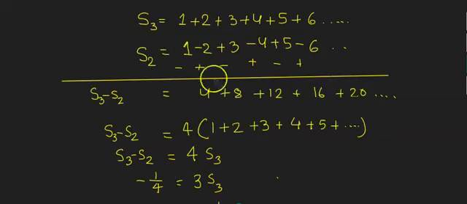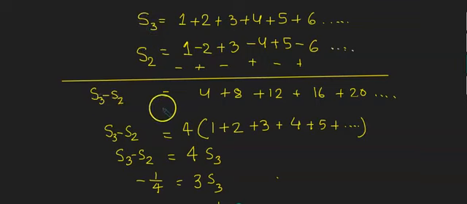Now let us consider a third series S3, which is equal to 1 plus 2 plus 3 plus 4 plus 5 plus 6 and so on, and this is the value we have to find. Below that I am writing the series S2, which was 1 minus 2 plus 3 minus 4 plus 5 minus 6 and so on till infinity, and we subtract S2 from S3.